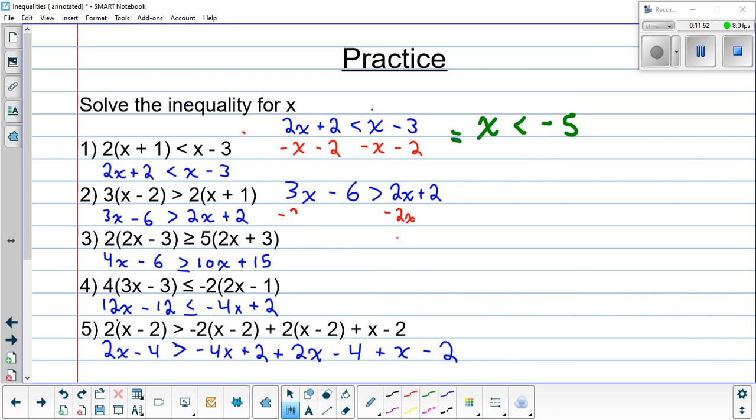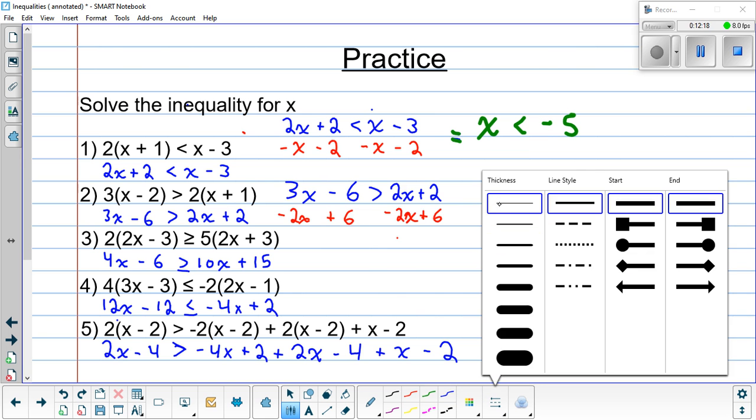So on the left, I'll be left with just x once I subtract. So that means I have to get rid of this negative 6 on the left, so we add it to the right. And in the end, we're going to be left with x is greater than 8.